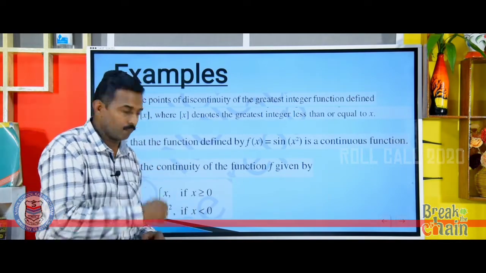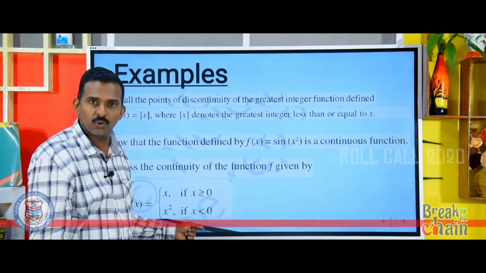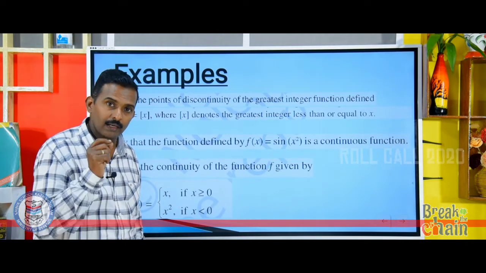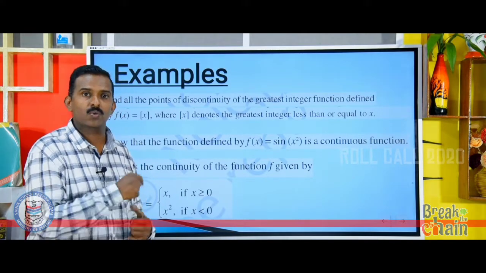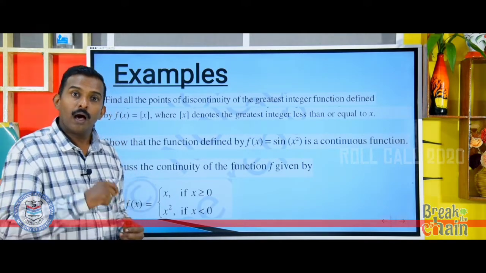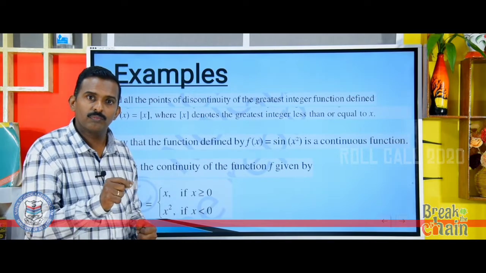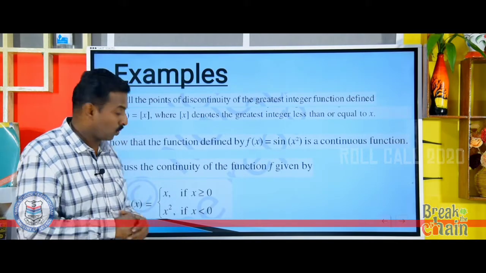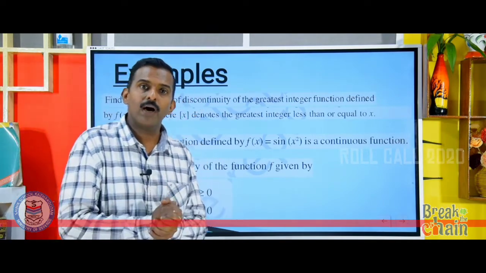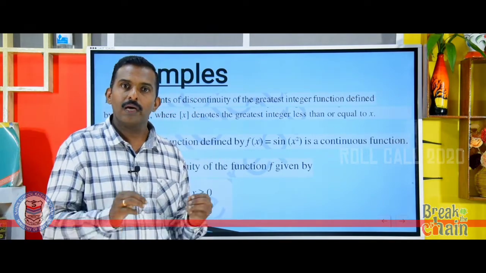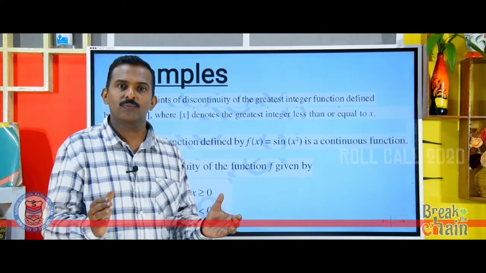Now, here, LHL at 0, if you calculate, you will get the answer 0, because it is the limit as x tends to 0 of x square. RHL at 0, limit x tends to 0 of x, that will also become 0. Therefore, the limit value will become 0, with LHL and RHL being 0.